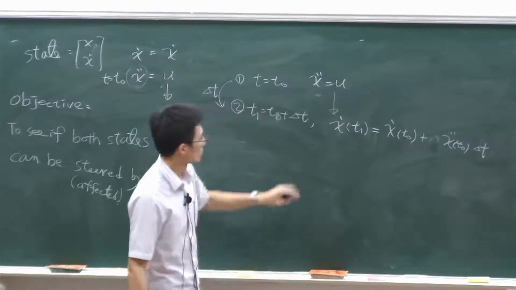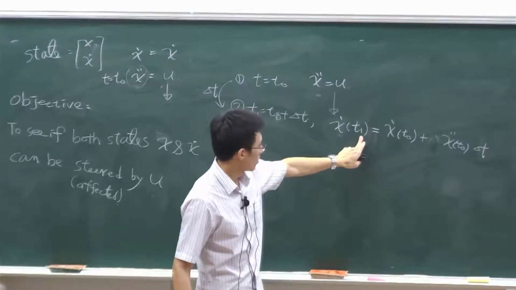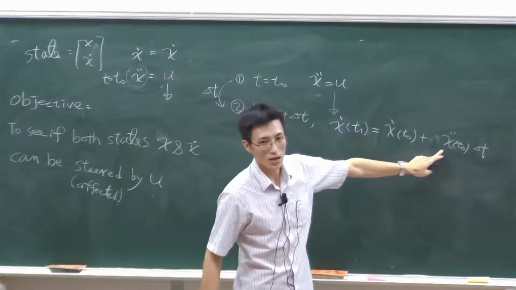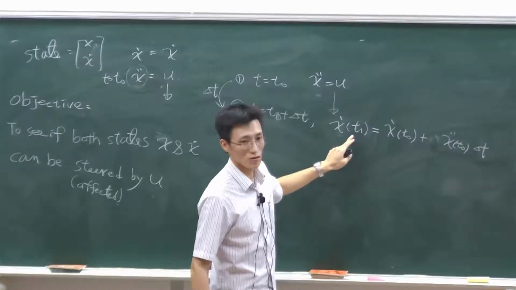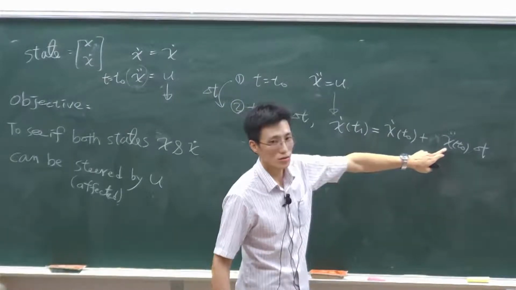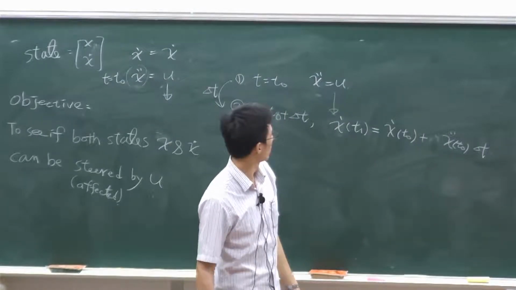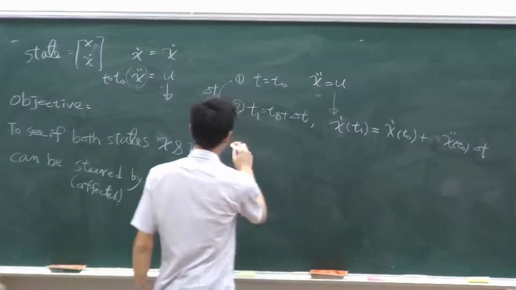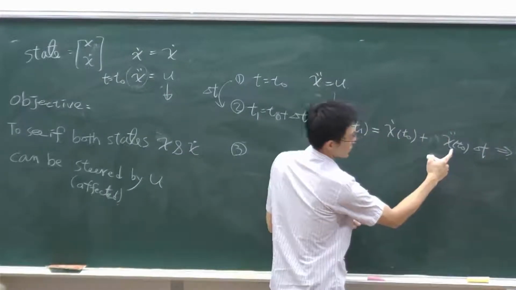Your velocity from t0 to t1, the difference is caused by the acceleration, right? The acceleration can change the difference of velocity in time, as long as it's not 0. So here we can conclude that, and where does this come from?